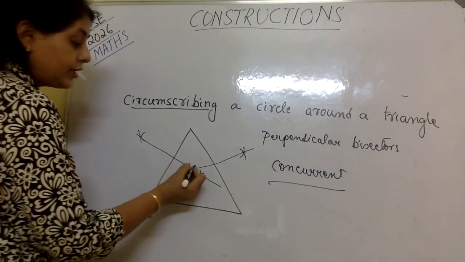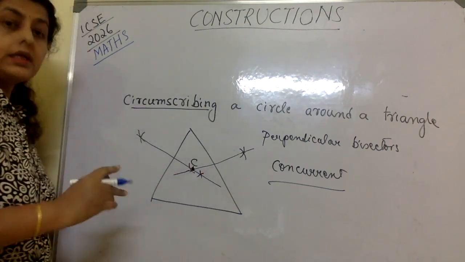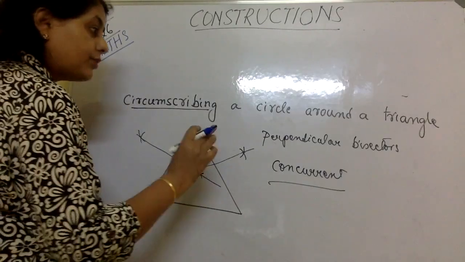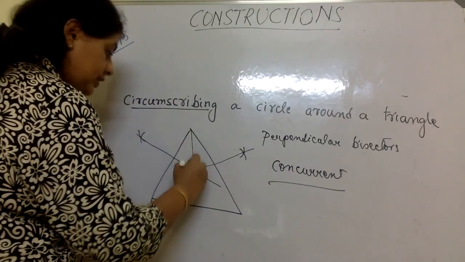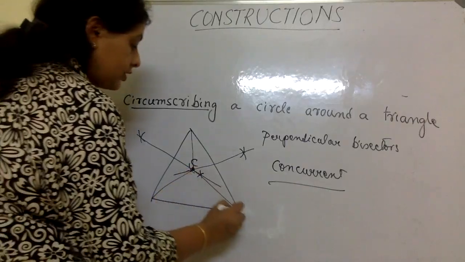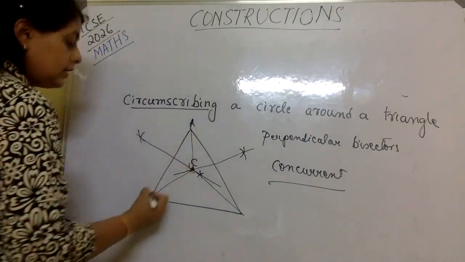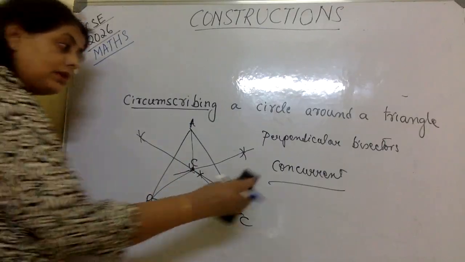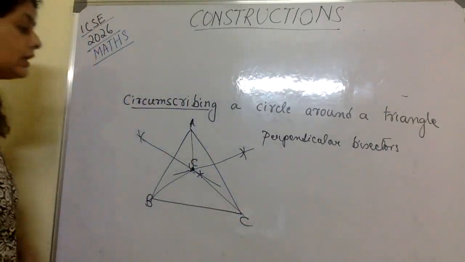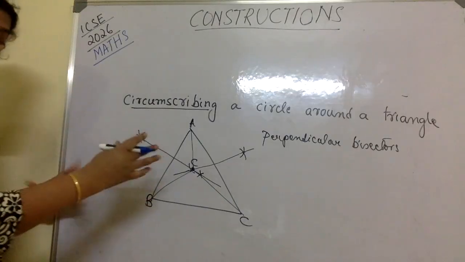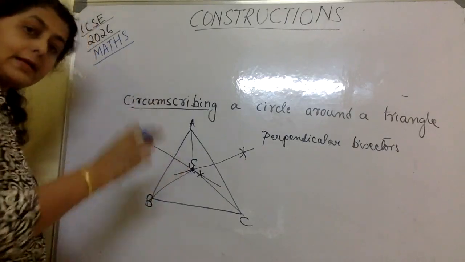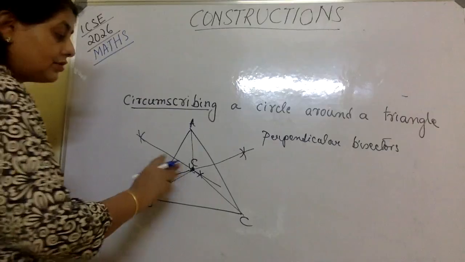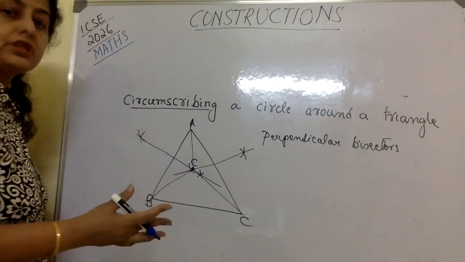Now this point, the point of intersection, that is the circumcenter. The concept says that the circumcenter is equidistant from the vertices of the given triangle. As I said, they are concurrent, therefore we don't need the third one, because even if we had drawn the third one correctly, it would have met at C. So minimum we have to draw two. We don't need to draw the third one.